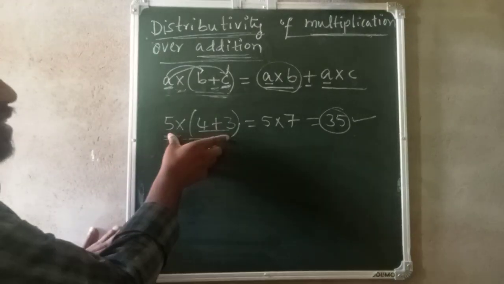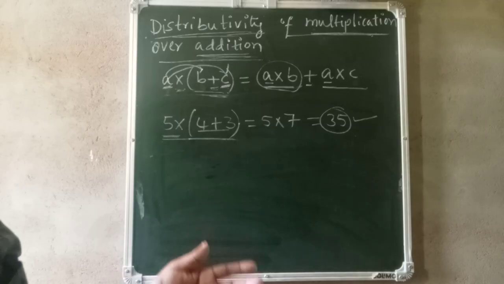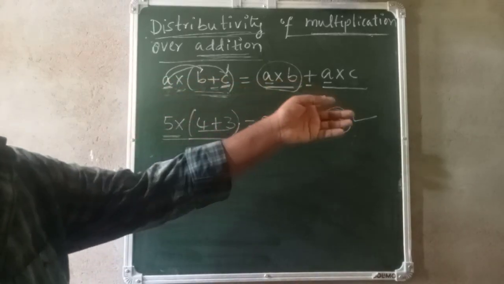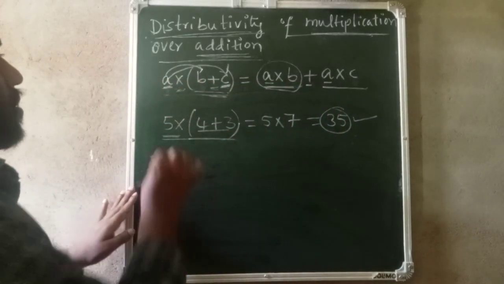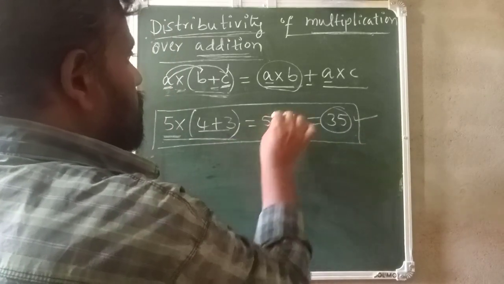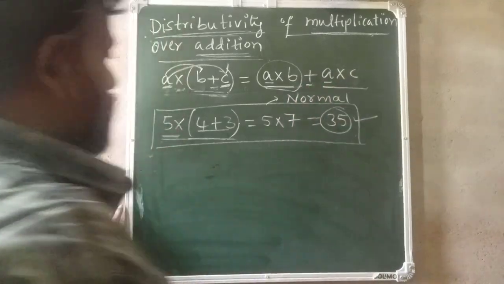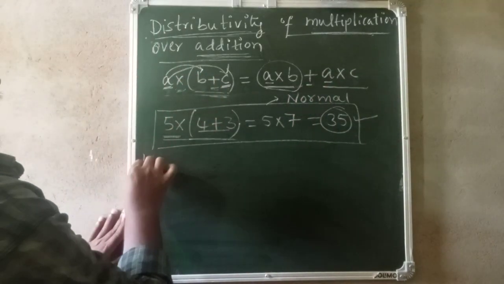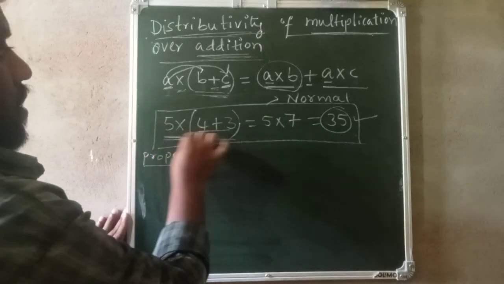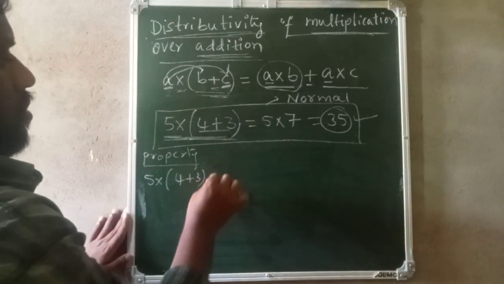Now we will check the same expression and find the answer using this property, this distributivity property. This is normal multiplication, I will write it here. Now using this property, I will write that also. First I will write the same thing, 5 into 4 plus 3 is equal to.